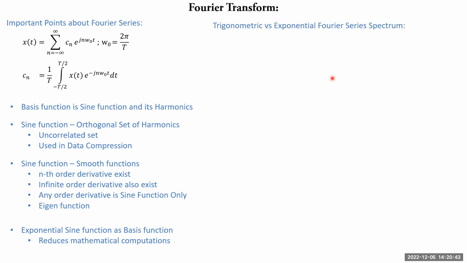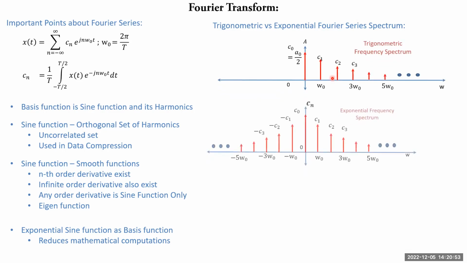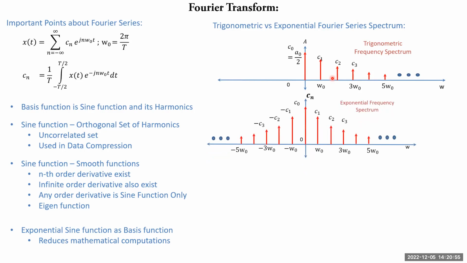When we talk about the Fourier series in trigonometric form or exponential form, their spectrums are either one-sided or two-sided. There is not much complexity in the graphical representation of the spectrum. The exponential spectrum is simply a mirror image of the trigonometric spectrum due to the Euler identity, and the amplitude is divided by 2.